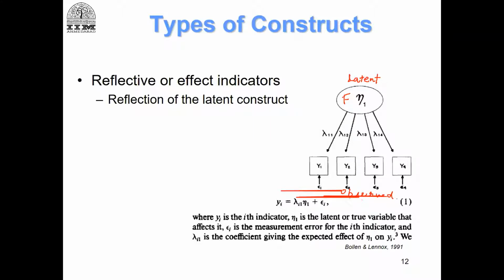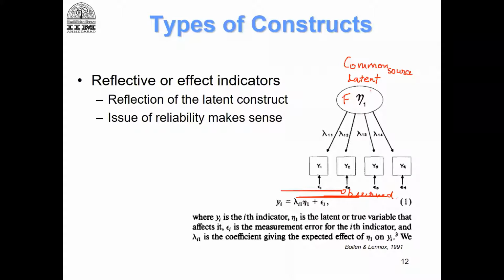So this is a latent, and its reflection is seen on these items, and all four of these, because they are being caused by the same latent construct, are going to covary, because obviously they have a common source, which is this latent construct.